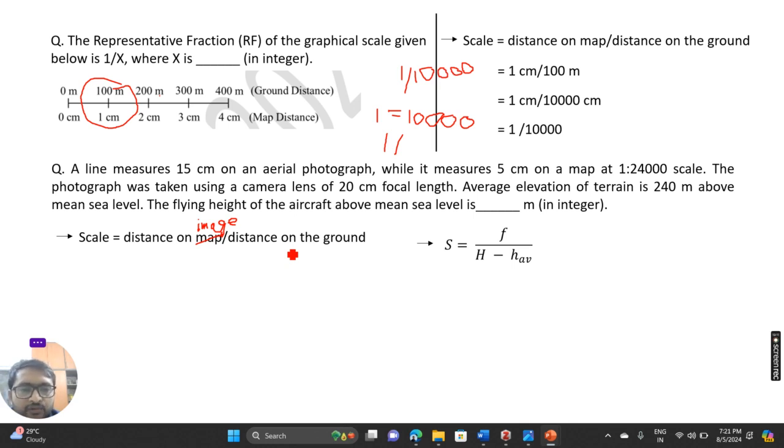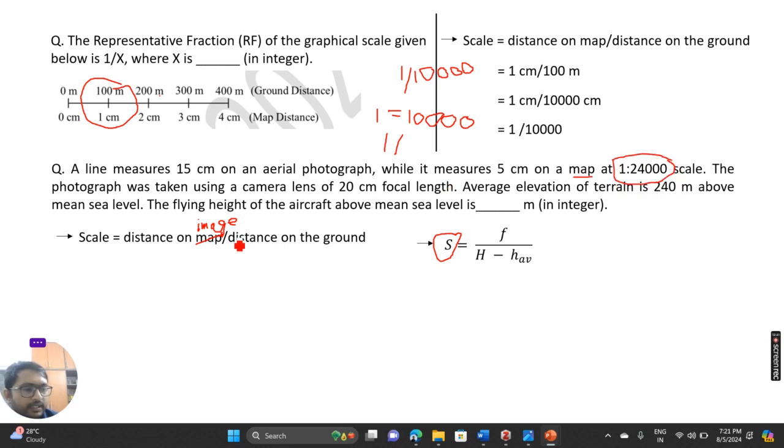So do not take that scale in this particular formula, because that scale is from the map, but here we are calculating for the image. So the scale we have to use here is distance on image divided by distance on ground, not map by ground. But in the question they have given us the map scale.